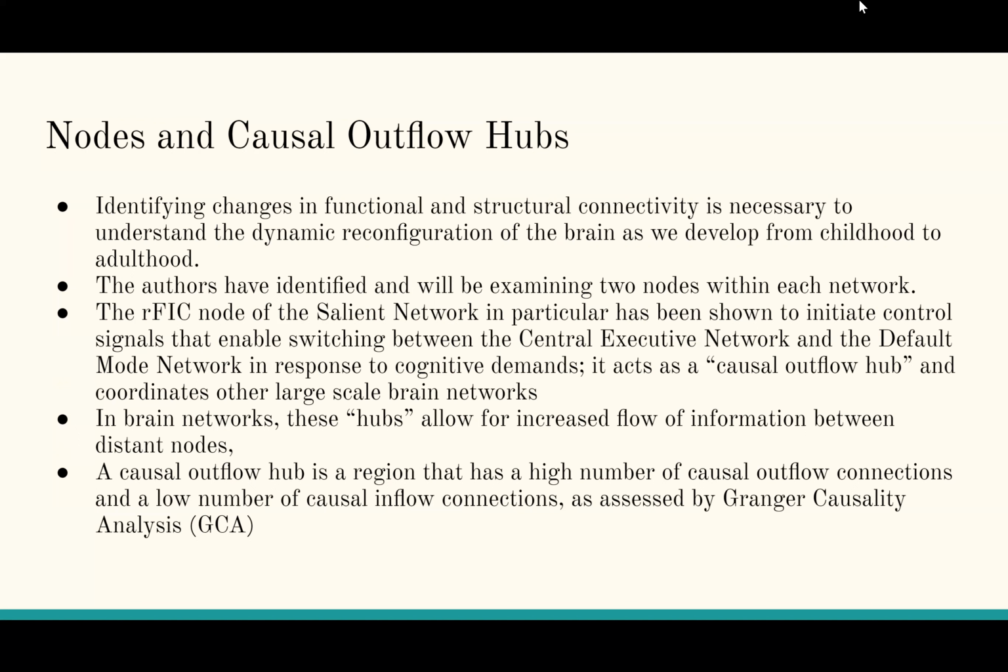A causal outflow hub is a region that has a high number of causal outflow connections and a low number of causal inflow connections, as assessed by the Granger causality analysis. This GCA analysis is actually pretty helpful to move beyond the identification of regional activations toward the characterization of functional circuits that control cognition, our perception of things, and so on. GCA is a method that allows us to identify functional or causal interactions from time series data.